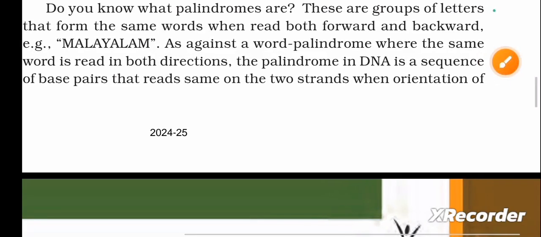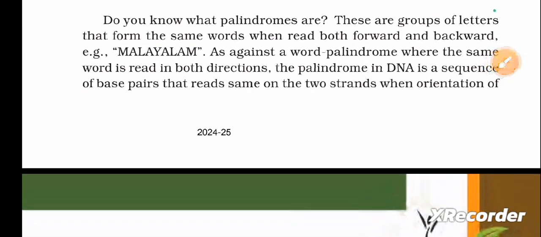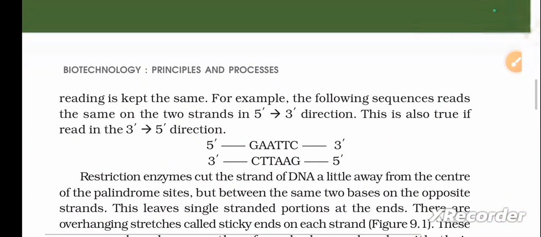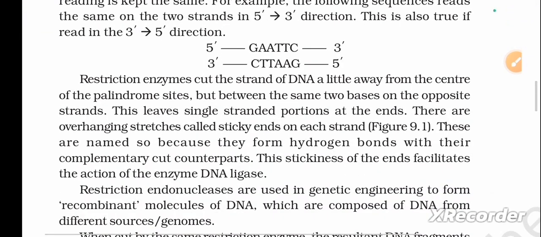The palindrome in DNA is a sequence of base pairs that reads the same on the two strands when the orientation of reading is kept the same. For example, the following sequence reads the same on the two strands in 5' to 3' direction. This is also true if read in 3' to 5' direction.